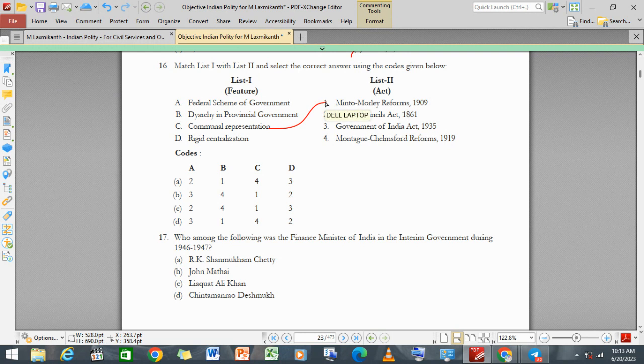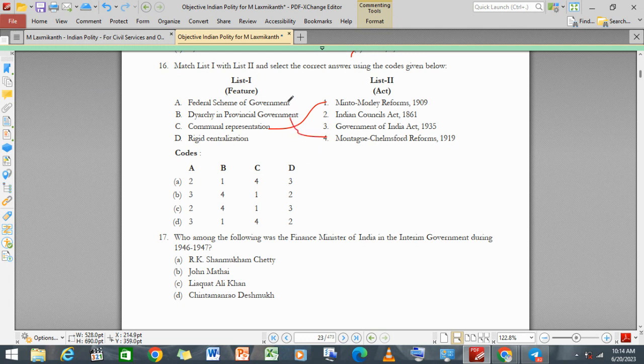And rigid centralization was in the Indian Councils Act of 1861. Diarchy in provinces came in the Montagu-Chelmsford reform, right?